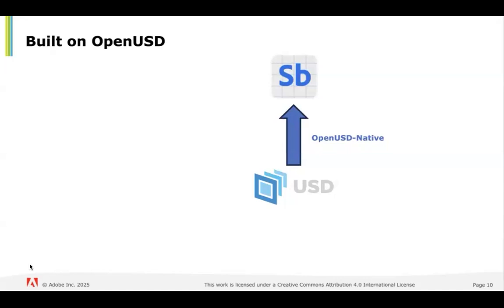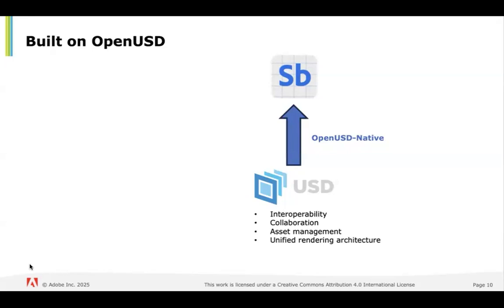The benefit of OpenUSD includes interoperability, where it's a common language and file format, allowing users to exchange 3D data between different production tools. Its layered data system also allows users to edit without destroying the original data, helping you to better collaborate and manage assets from different sources.